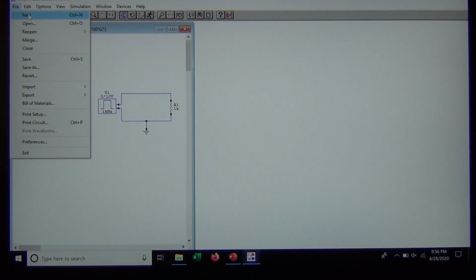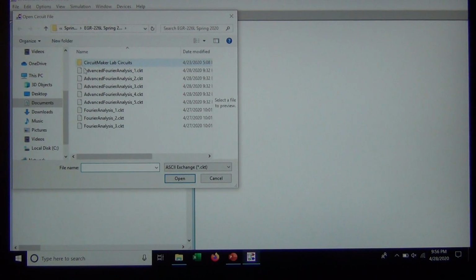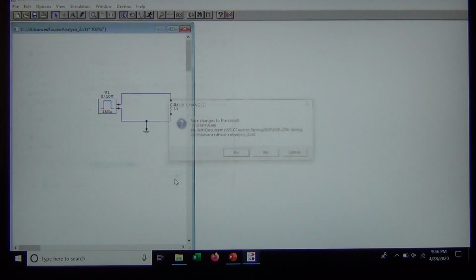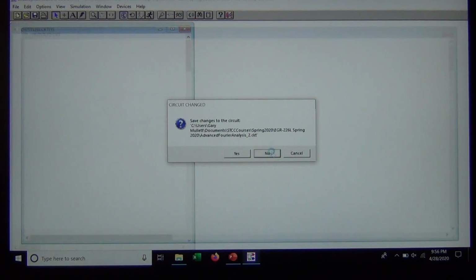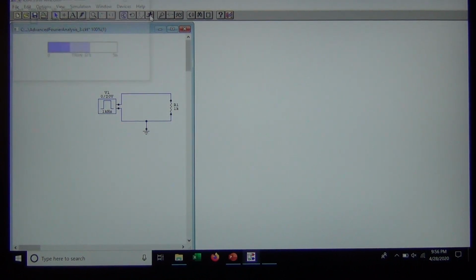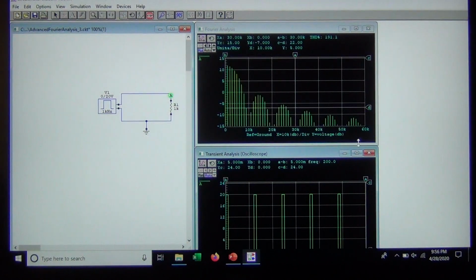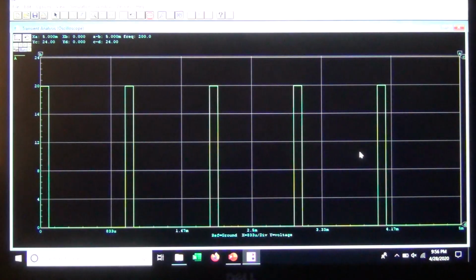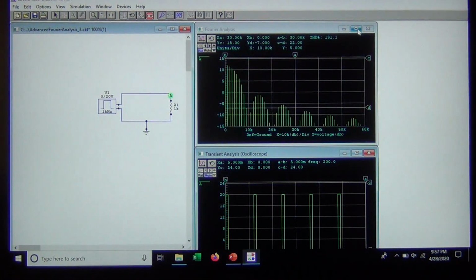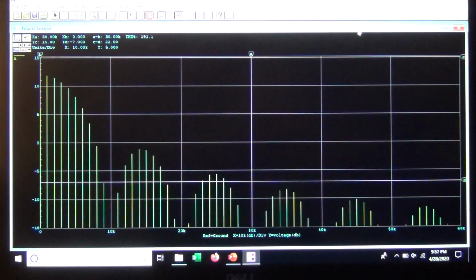So here we go with advanced analysis number 3. Let's see what we have here. I'm going to open it up, and again, in the interest of time, I'm not going to expand. I'm just going to run it. And lo and behold, we can see that now the duty cycle might be like 10%. And the Fourier analysis ends up like this.